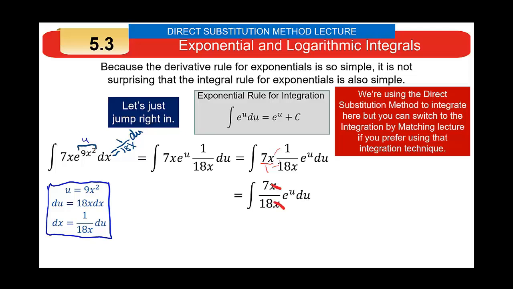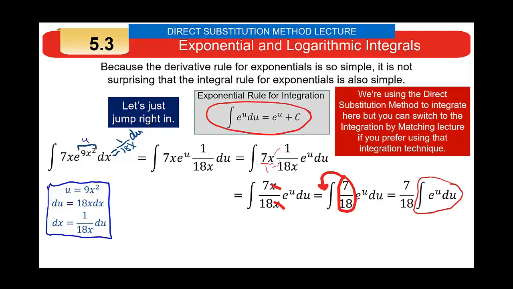The x's divide out, and you end up with the integral of 7/18 e to the u, and you can, as we've done earlier, bring out a factor that's just a number if you want to, and I do, and that gives me 7/18 times the integral of e to the u du, which I know from above is equal to e to the u plus c.